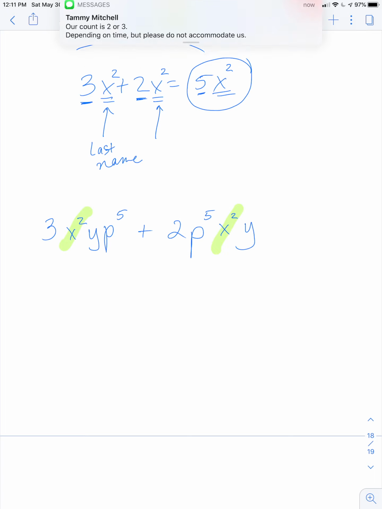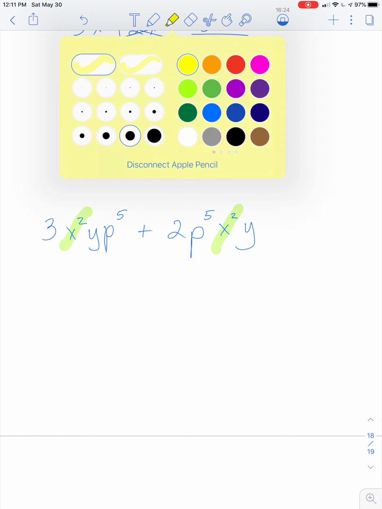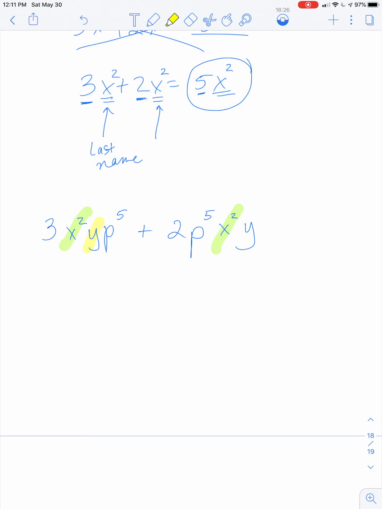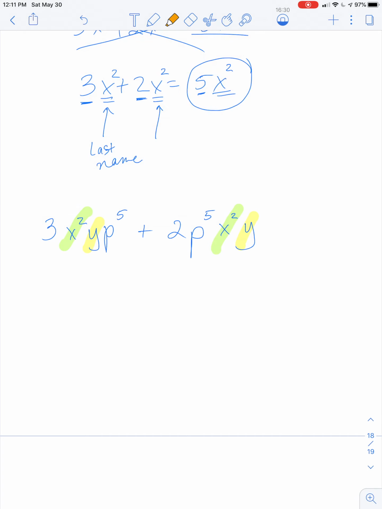X squared. Let me grab another color. I have 2 y's. And I have, let's take orange, 2p to the fifth power. So those terms are actually what we would call like terms. So I would add these together, and I could list these in any order. But that would be the answer to that.